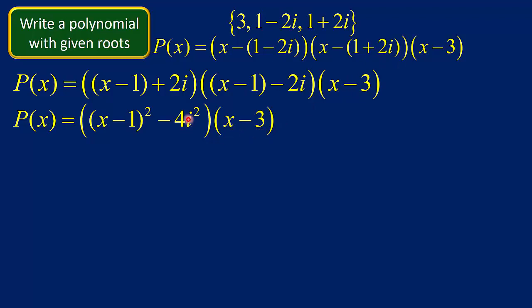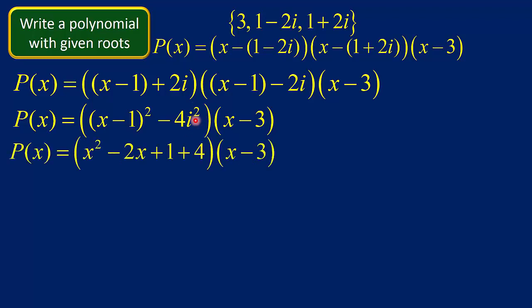Now remember this, i squared I can replace with negative 1. So now we have (x minus 1) squared plus 4. See? This minus 4i squared becomes plus 4 right there. And I went ahead and expanded that binomial right here, and then the plus 4 right here.